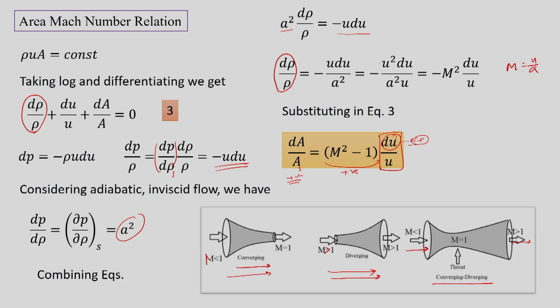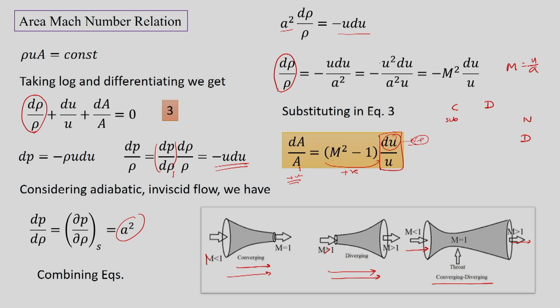So we have a converging section and a diverging section, and we have a nozzle and a diffuser. So the converging section as nozzle is going to suit subsonic flow.